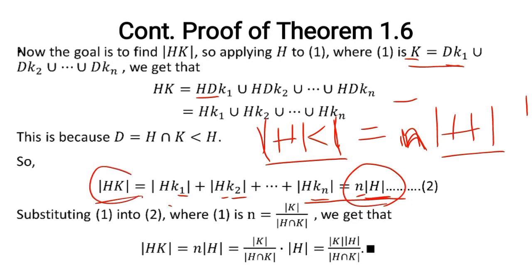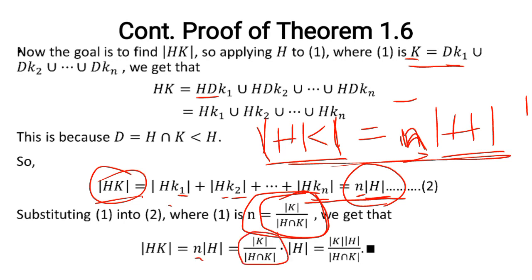So I know this relationship. I know what n is. n is this. So I just substitute back wherever I see n. What is n? It is the order of K over the order of H intersection K. So this is n. I bring in my substitution, and if you multiply it properly, rearrange it, you get this. And that's the proof.